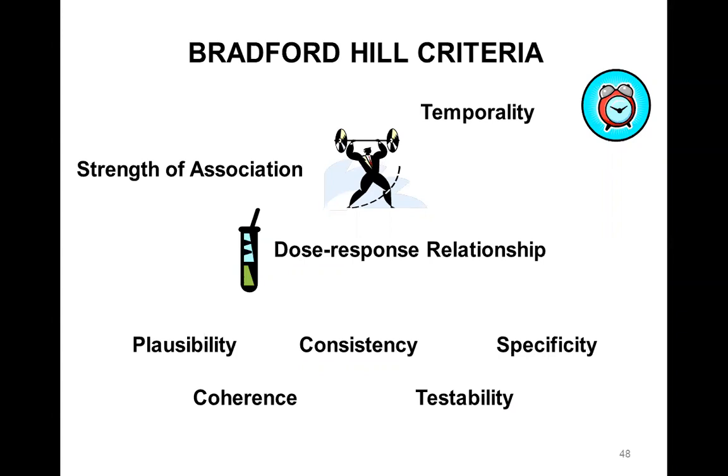If you can't, then you don't meet Bradford-Hill criteria. You have to be able to do a comparison or an evaluation to confirm the claims. And then alternative causation. Are there other explanations that would be more appropriate for what you're proposing as a causal relationship?